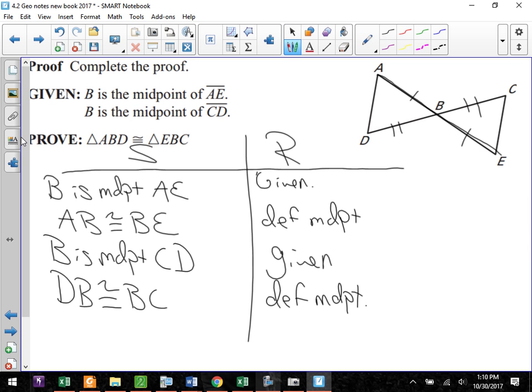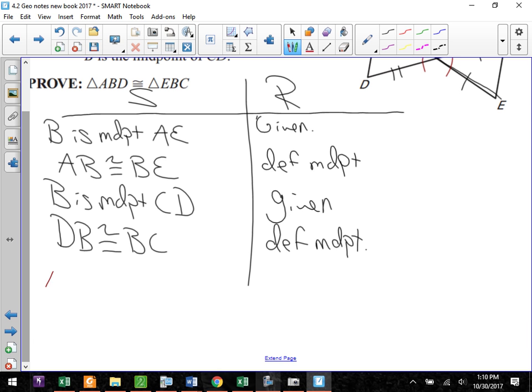Well, the angles that are congruent would be ABD and EBC. The reason that those two angles are congruent is because vertical angles are congruent. There's that inference that you get from a diagram.